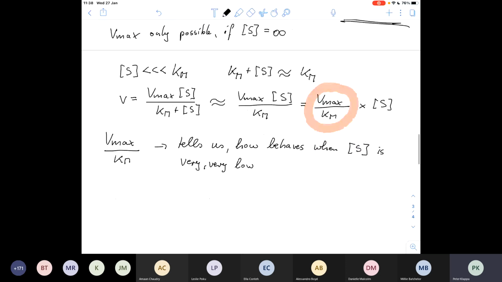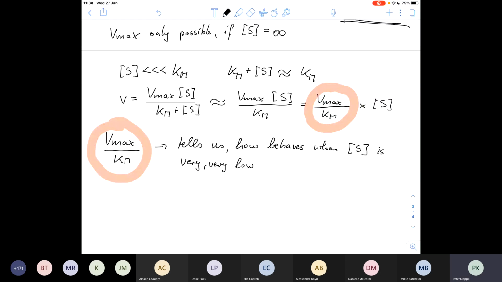And likewise, this Vmax over Km is a very, very important parameter that tells us how the enzyme behaves when the substrate concentration is extremely low. Does that make sense? So that is another important parameter, Vmax over Km. Well, it goes pretty much on the playlist. It is what you see here, more or less.